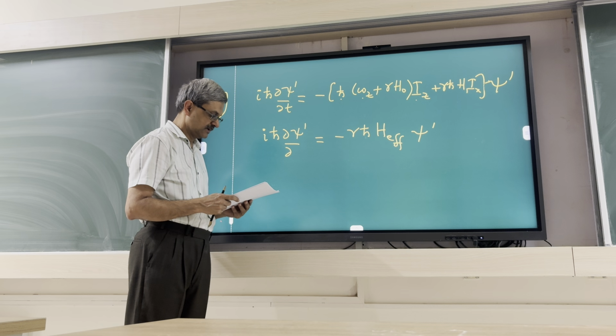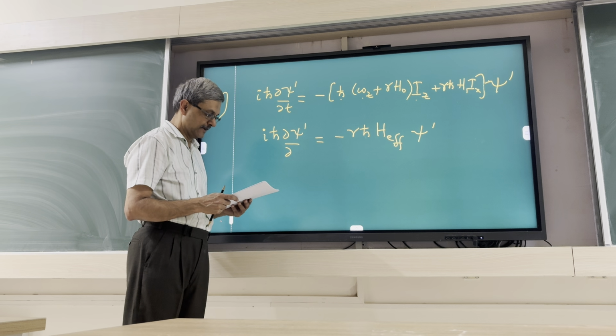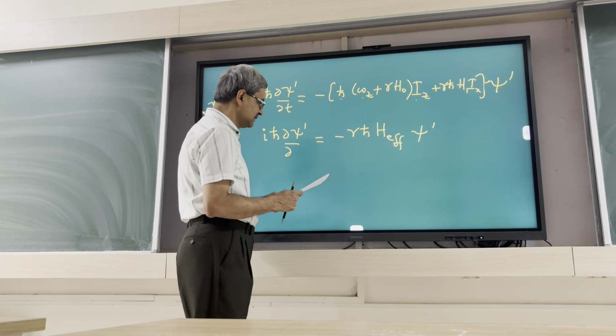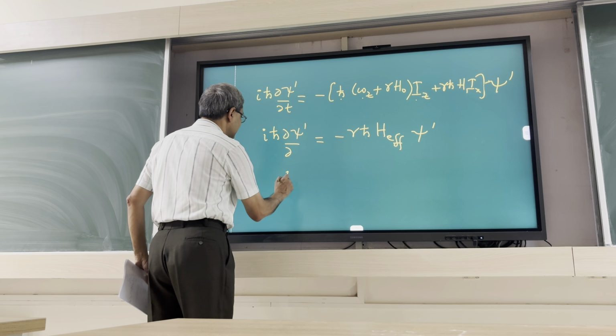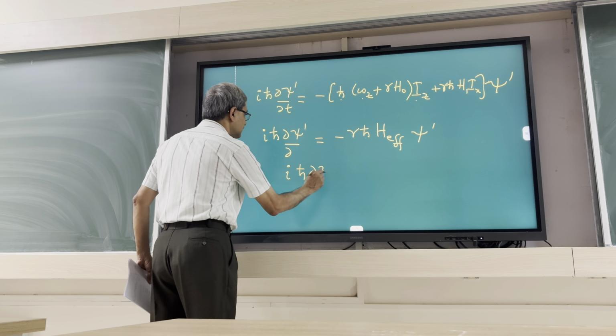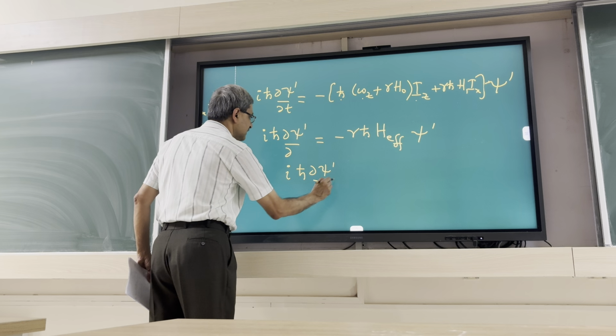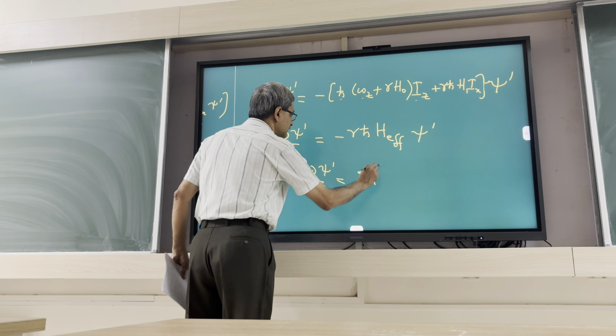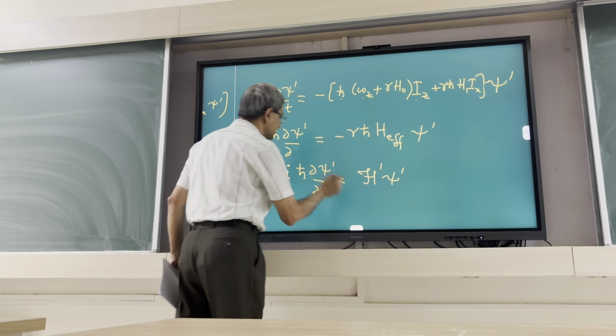So you basically now have I h bar del psi prime del t equals h prime at h1 psi.